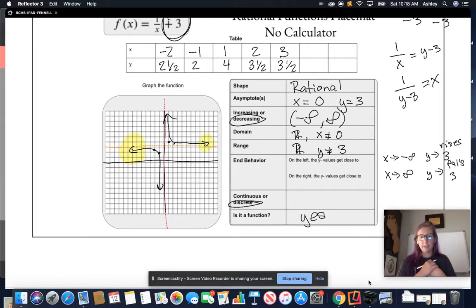On the right, this arrow over here, what are those y values doing? They're falling. They're also falling to the asymptote though. They're falling to that 3 value there. They can't touch it, but that's where they're headed. Again, that's as x is heading to positive infinity, or on the right. This function is discrete because we'd have to pick up our pencil to trace this entire thing.